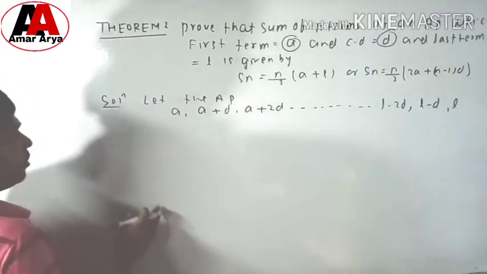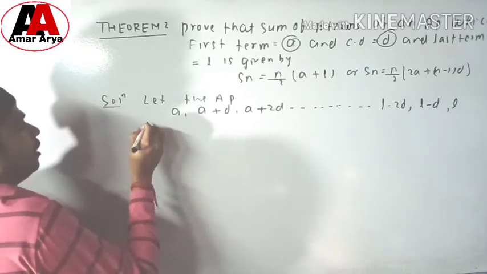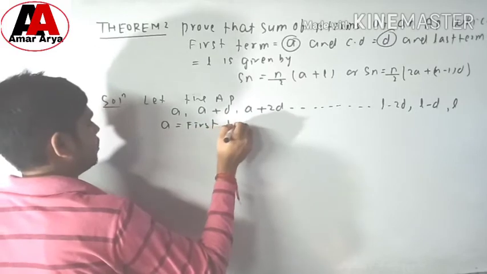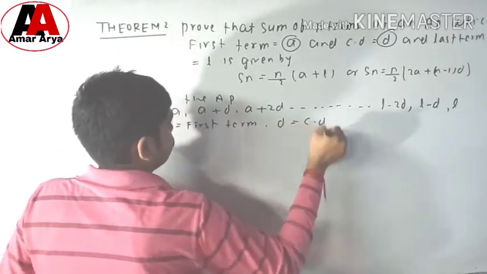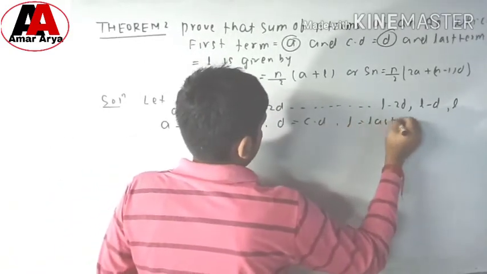Here A is the first term, D is the common difference, and L is the last term.